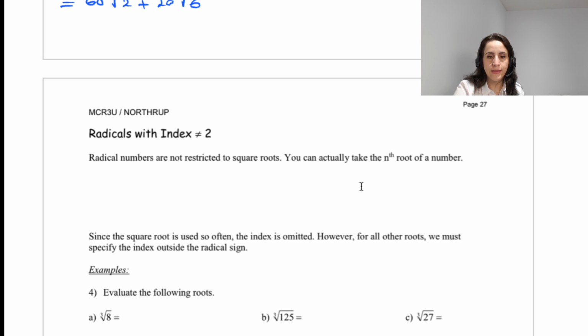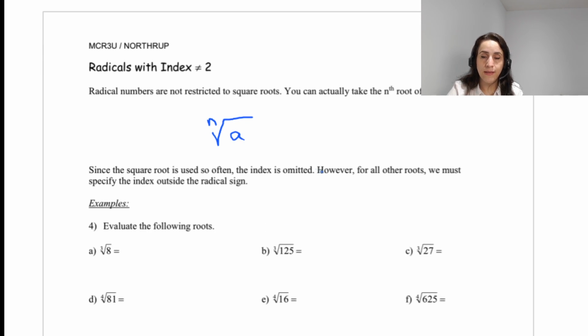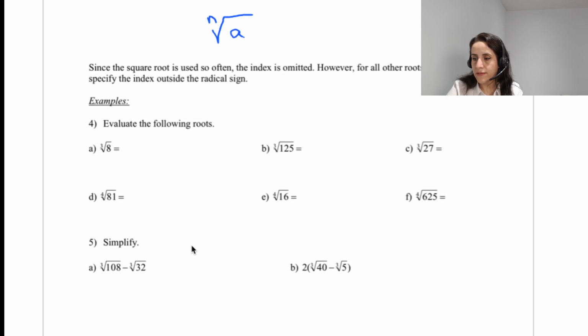You can actually take the nth root of a number, and you can write it in this format, the nth root of a number. Since the square root is used so often, the index is omitted. However, for all other roots, we must specify the index outside of the radical sign. Here are some examples.